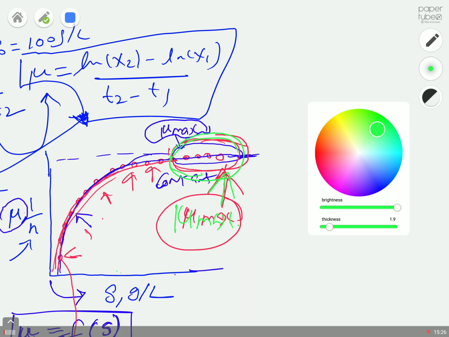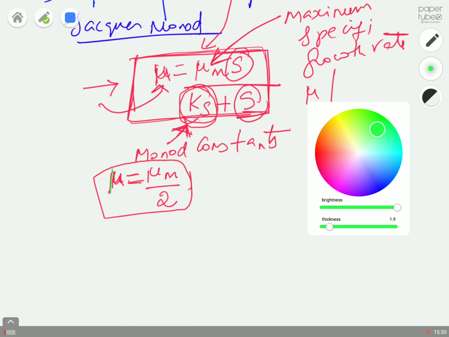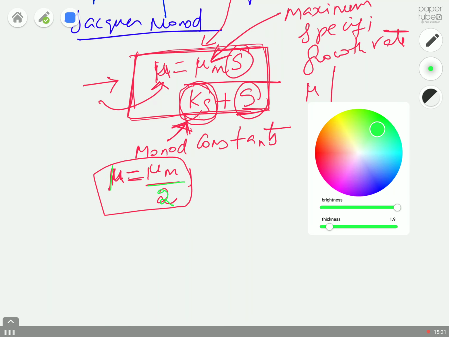We're just going to say, you know this mu max value, and we're going to divide it by 2, which means this is half of your maximum specific growth rate. And we are going to assume your specific growth rate of your microorganism is equal to this maximum specific growth rate by 2.